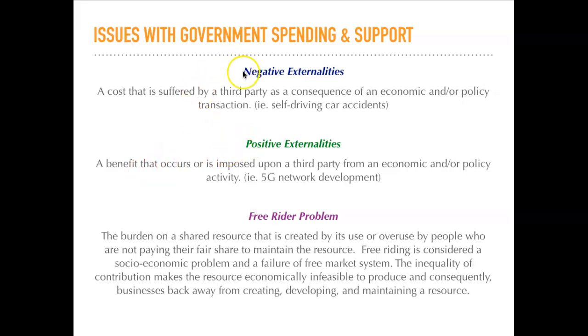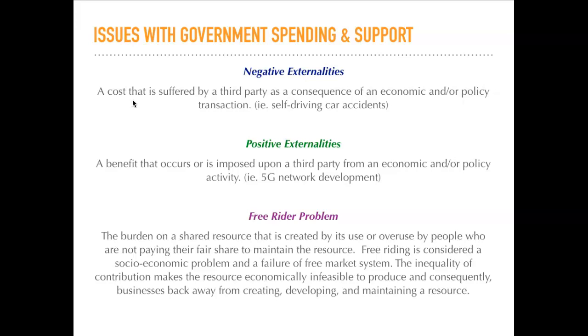There are negative externalities, unfortunately. And these sorts of externalities are a cost that is suffered by a third party. So it can be a citizen or some sort of consumer as a consequence of an economic and or policy transaction. So here, an example of a negative externality could be the accidents that ensue from self-driving car errors.